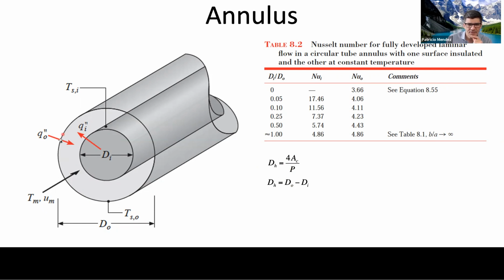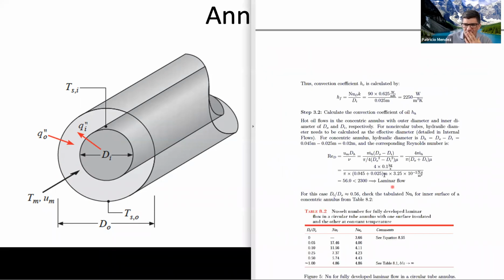The perimeter is pi times diameter here and pi times diameter here, because it's wet on the inside and the outside. And the end result in this case is that the hydraulic diameter is outer diameter minus inner diameter. You can check it yourself. But if you do that, it reduces to this.